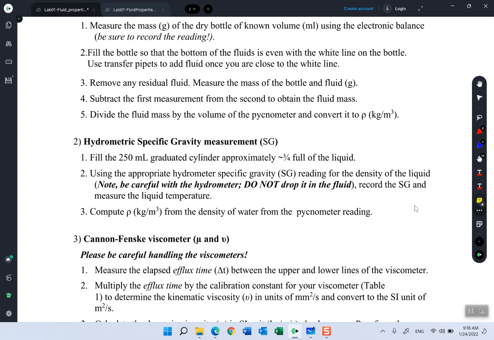And here we have a hydrometer set. The idea behind the hydrometer is very easy. This hydrometer here is already calibrated to be able to get the specific gravity of a certain fluid. It has a ruler.